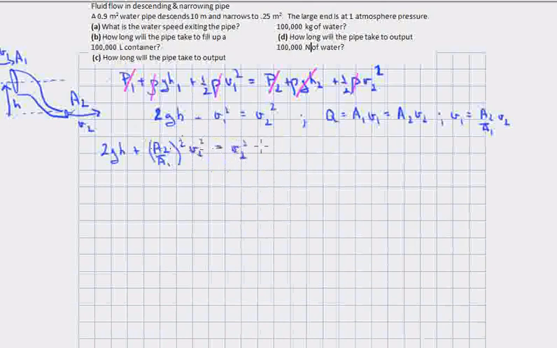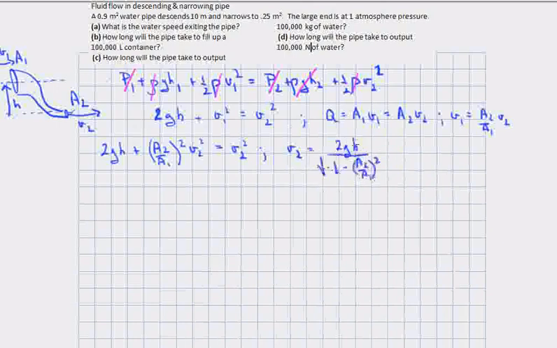Subtract this from both sides and then divide, and I will conclude that V2 is equal to the square root of 2GH over 1 minus A2 over A1 squared.